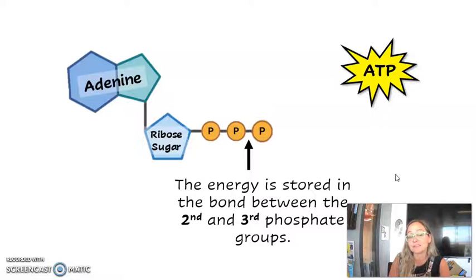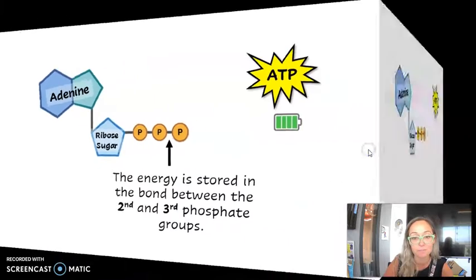So we basically talk about energy in ATP being stored between that second and that third phosphate group in the ATP molecule. Because of that potential energy, as you're forcing those phosphates together, there's energy in that bond between the second and the third. So ATP is like a fully charged battery. There's lots of potential energy being stored there.